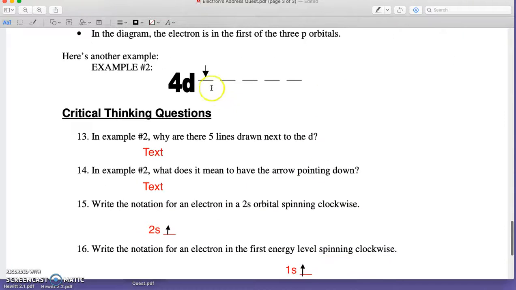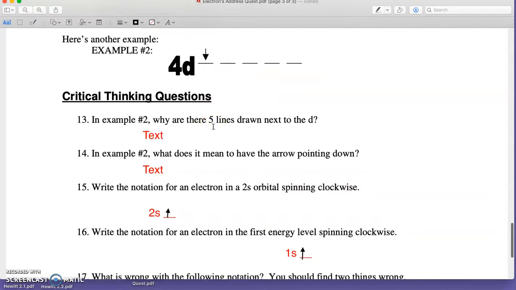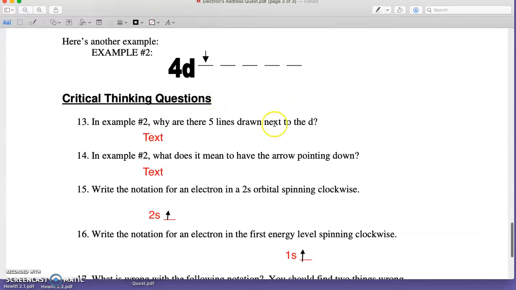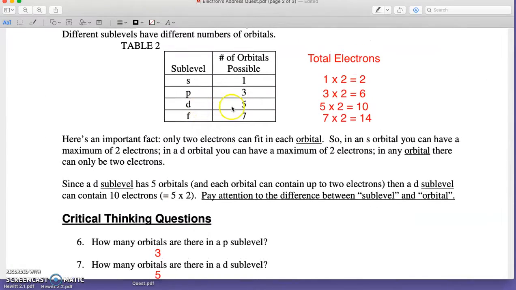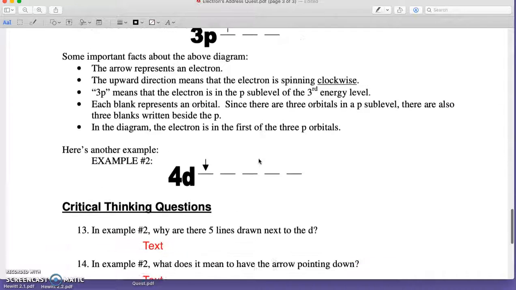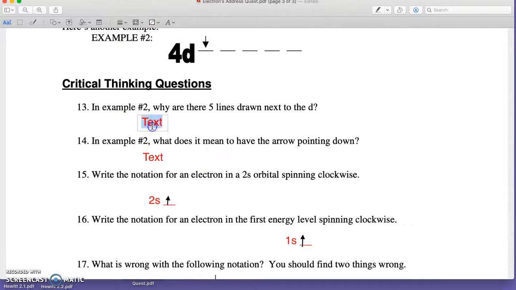Now here's another example, 4D. Why are there 5 lines drawn next to the D? Well, a D sublevel has 5 orbitals. So therefore, we know that there are 5 lines, because the D sublevel has 5 orbitals.